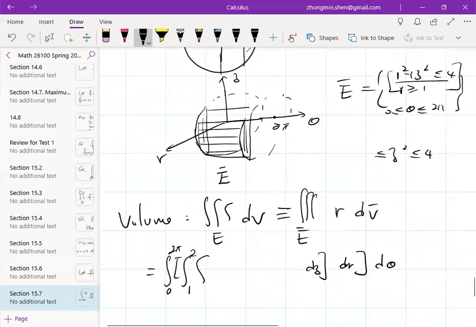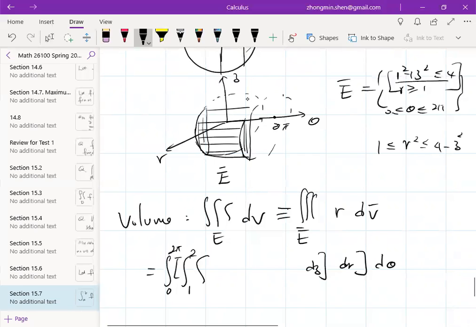No, you cannot use it that way. You have to change it to describe this, right? Actually, you have to say R squared is less than or equal to 4 minus Z squared, yeah.